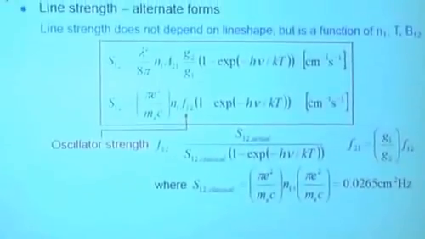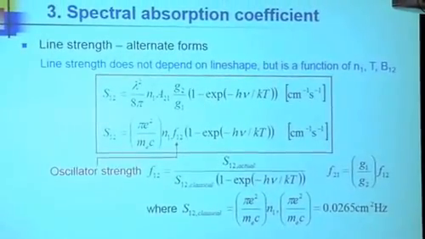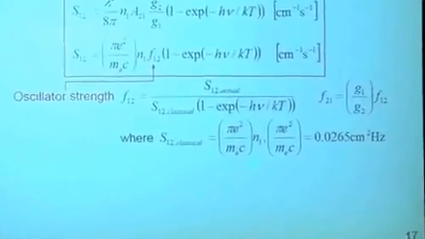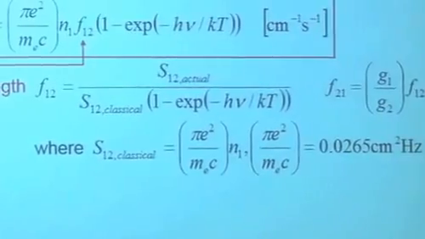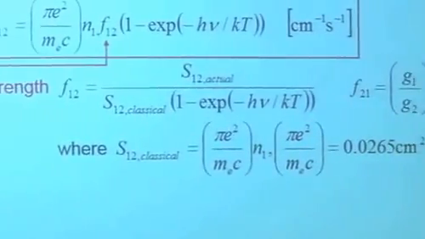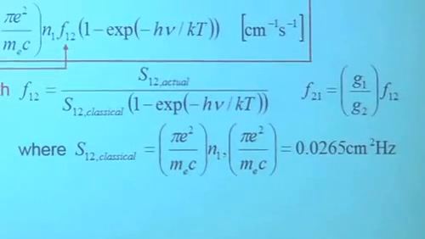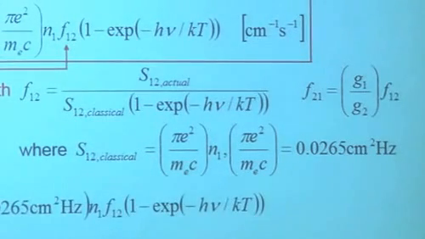This oscillator strength is, as I said, related back to electrons. This block of symbols has these units, 0.0265 centimeter squared hertz. That's because of this electrostatic unit issue that I've solved for you.